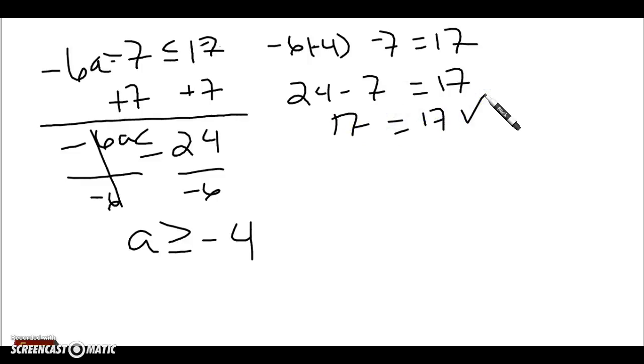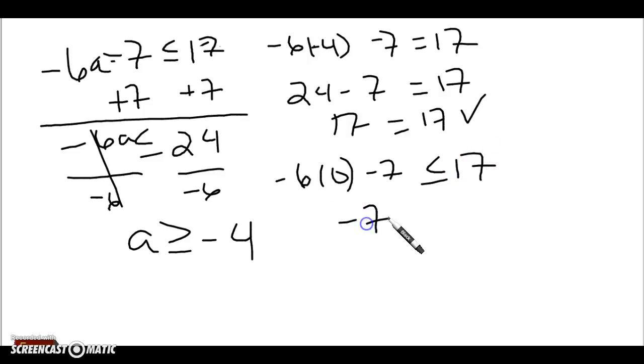Now let's try a number greater than that. Let's try 0. 0 is greater than it, right? So we can plug in negative 6 times 0 minus 7, and we want to see if that's less than or equal to 17. So negative 7, because that cancels out, is less than or equal to 17, and it does. So that one is a solution.